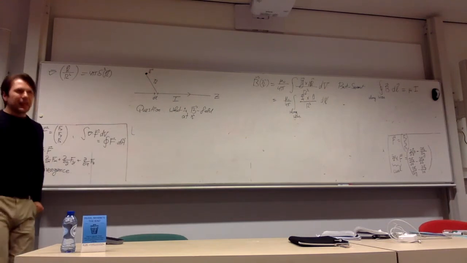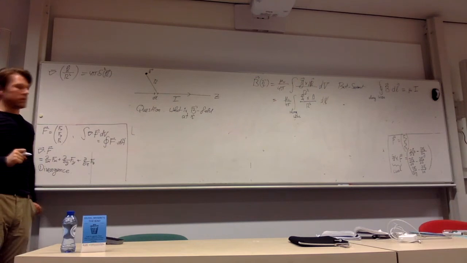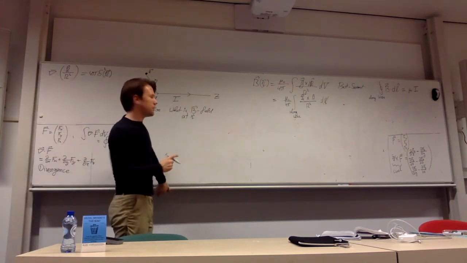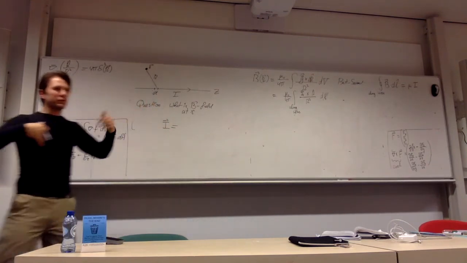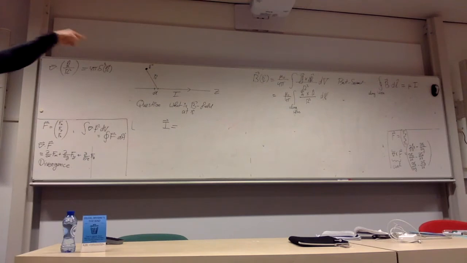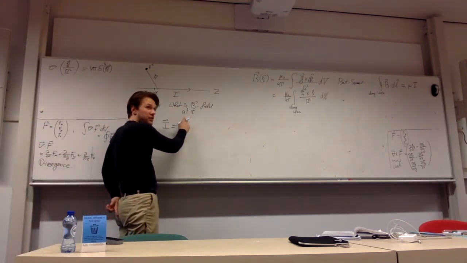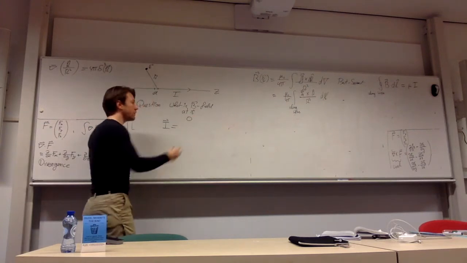That immediately allows me to write down what the vector I is. Having chosen this as my z direction, that means I have picked the x component of my current to be 0, because it's not moving in the x direction. It's also not moving in the y direction.